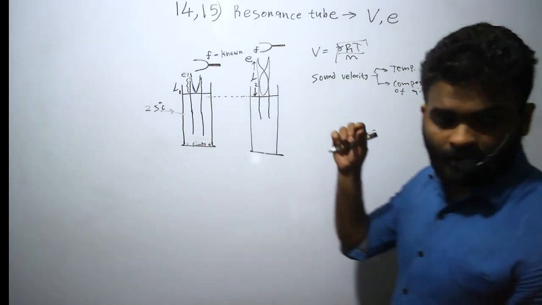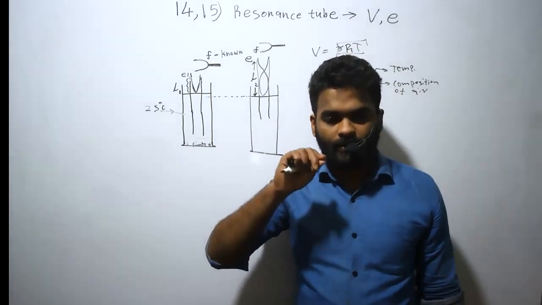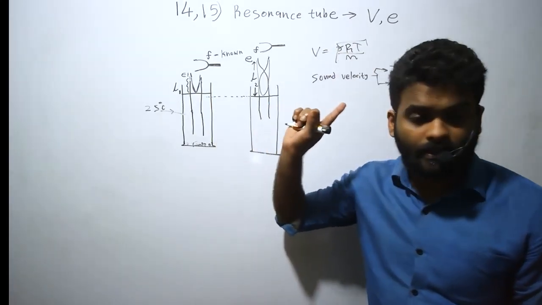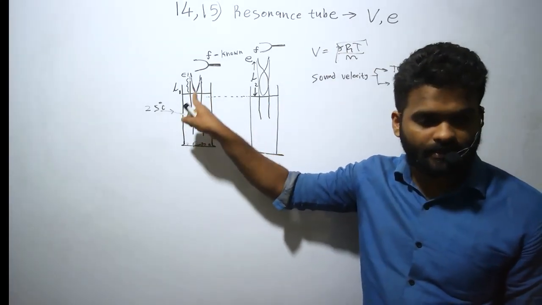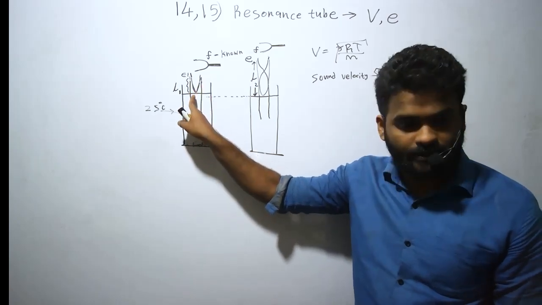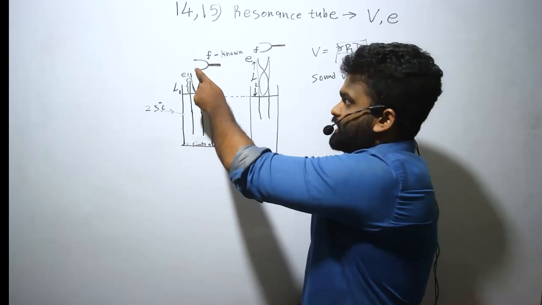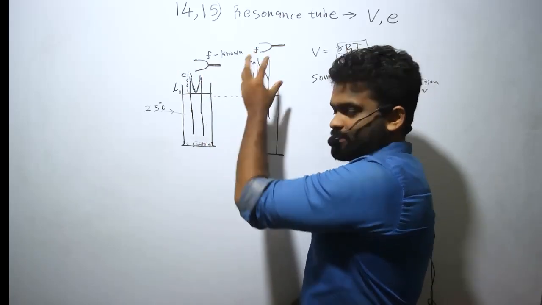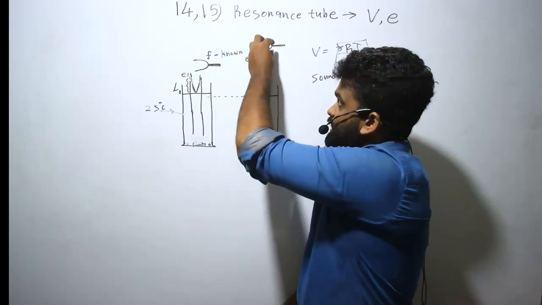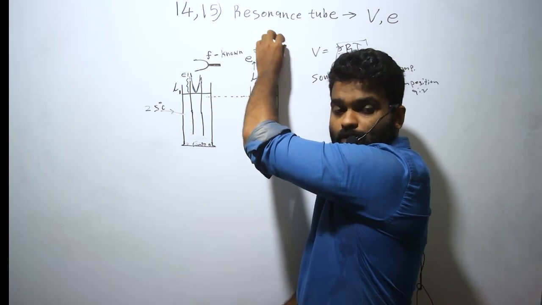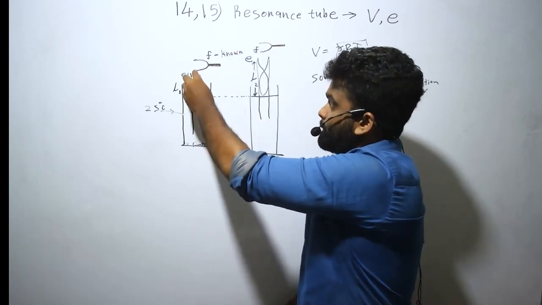Okay, another fact, right? This is the first resonance. Now listen. This is the second resonance. So the energy transferred in both cases is an equal amount of energy. It is transferred by the tuning fork.